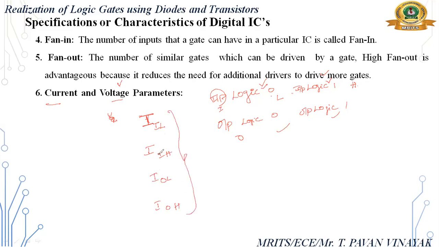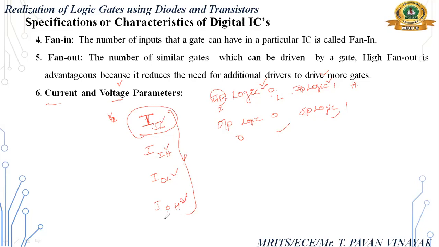These are the four current parameters. They represent logic 0 input current, logic 1 input current, logic 0 output current, and logic 1 output current.